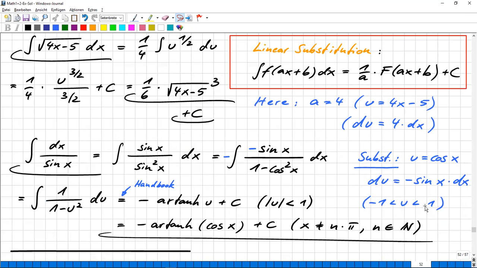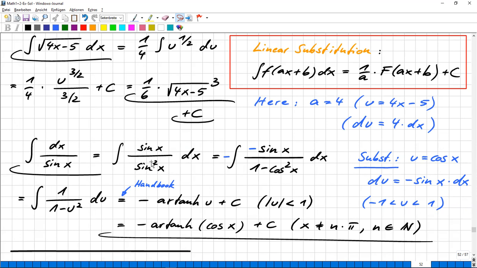If you just want to solve the integral, you don't care about this, but it's sometimes important if you want to make sure that your substitution is really working. Okay, so that's more for the details.